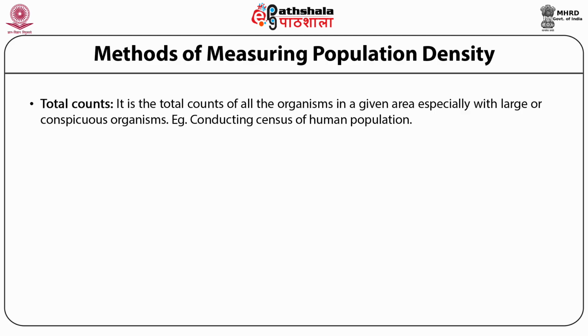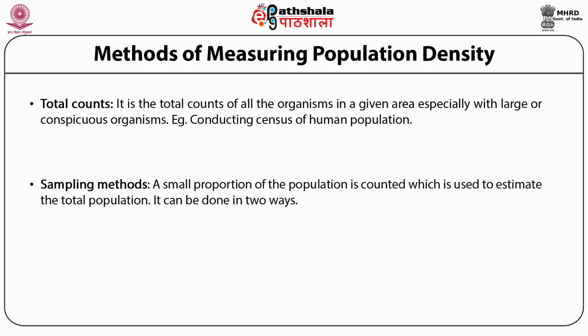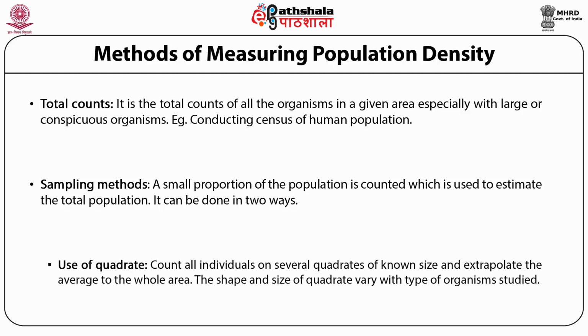Second method is sampling methods. In this method, a small proportion of the population is counted, which is used to estimate the total population. Sampling can be done in two ways. The first is use of quadrat.